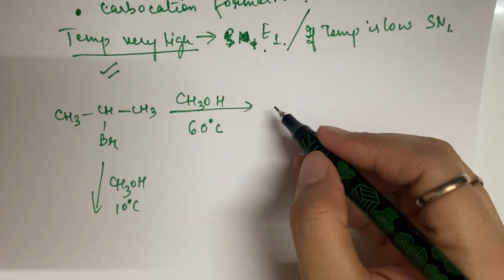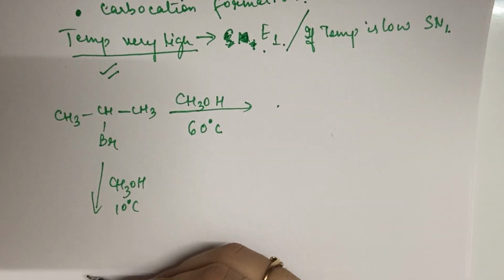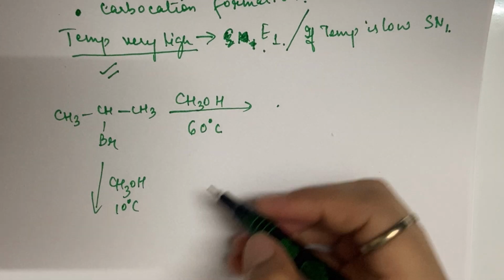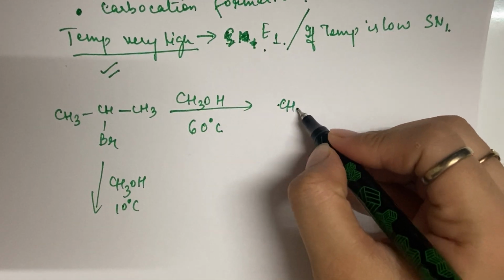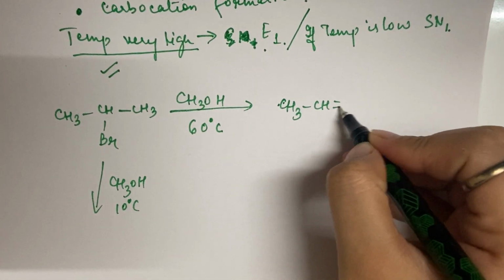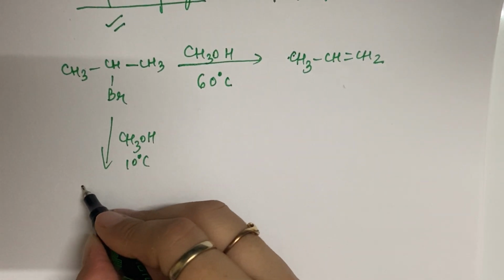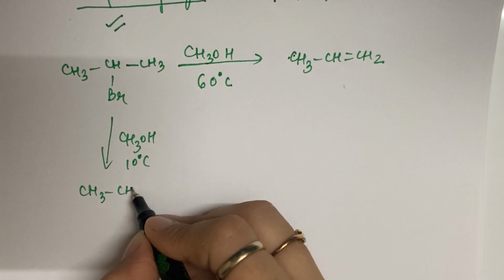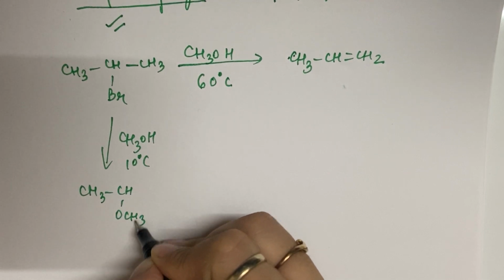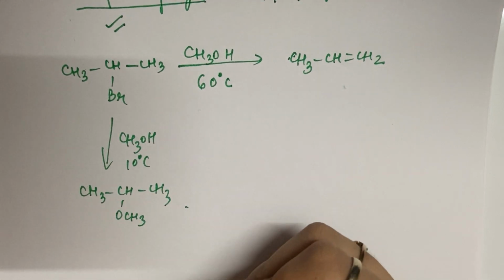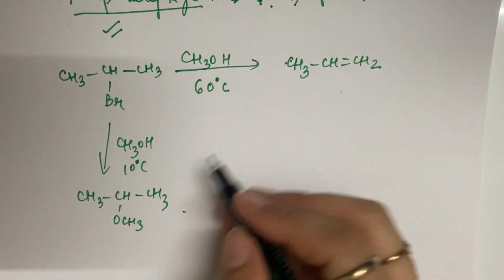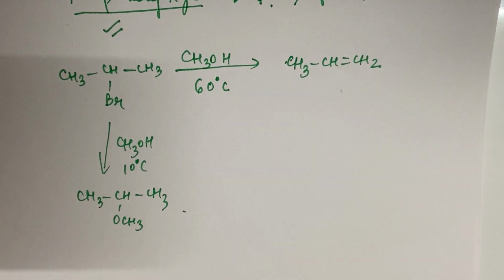So you have to tell me which product will form here and which product will form here. Yes, here it will lead to the formation of CH3CH=CH2, and in this case it will lead to the formation of CH3CH(OCH3)CH3.